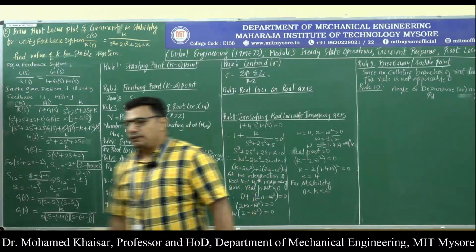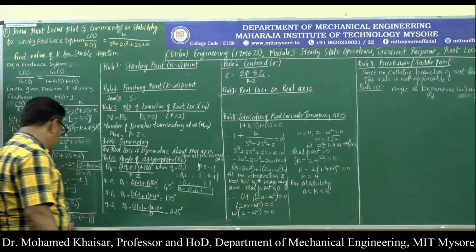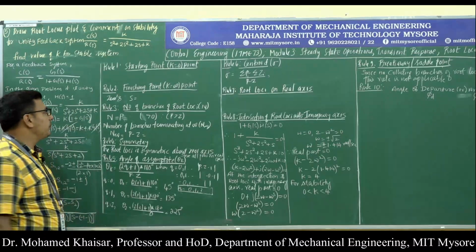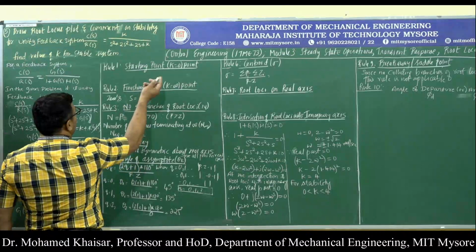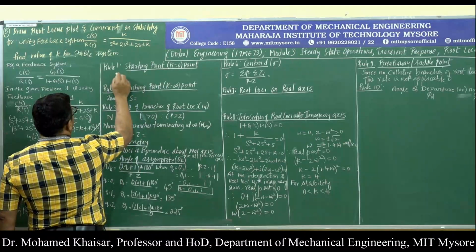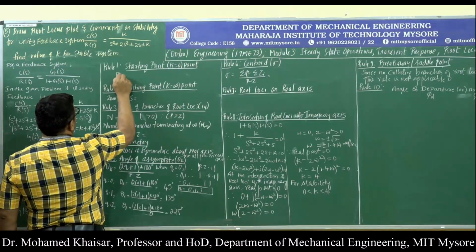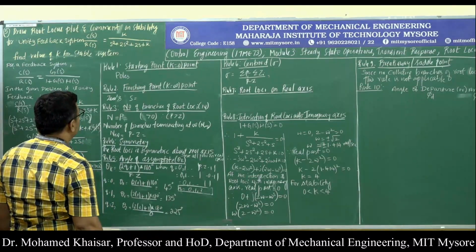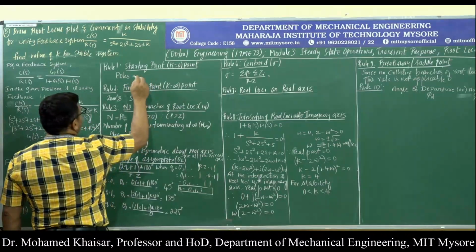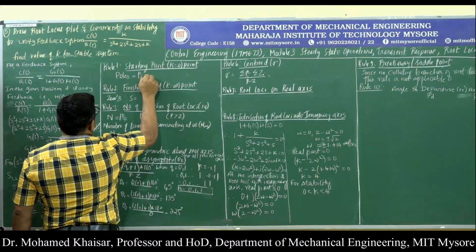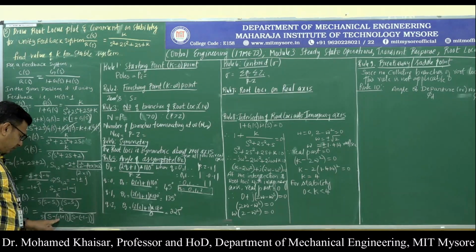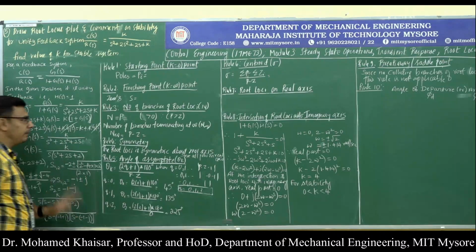Now, once we have arrived at this juncture, we are ready to go through our normal procedure. So, rule 1, k is equal to 0 points. Those are the poles, the starting points. What are the poles here? As you can see, s is equal to 0, s is equal to minus 1 plus j, s is equal to minus 1 minus j.